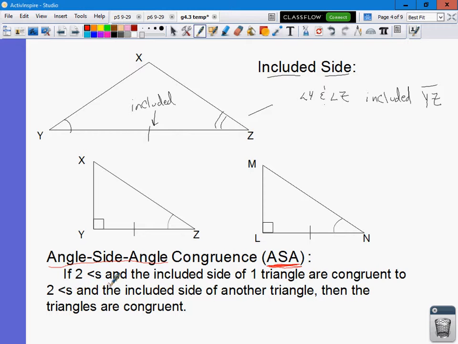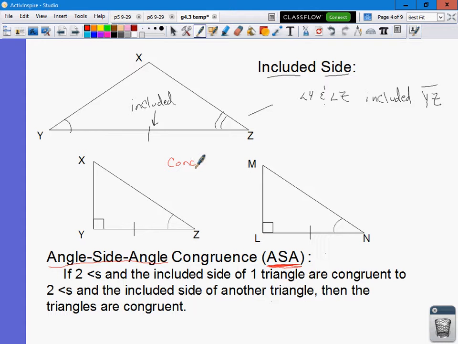If two angles and the included side of one triangle, two angles, y and z, the included side, segment YZ, are congruent to two angles and the included side of another triangle, L and N, the included side, LN, then the two triangles are congruent.